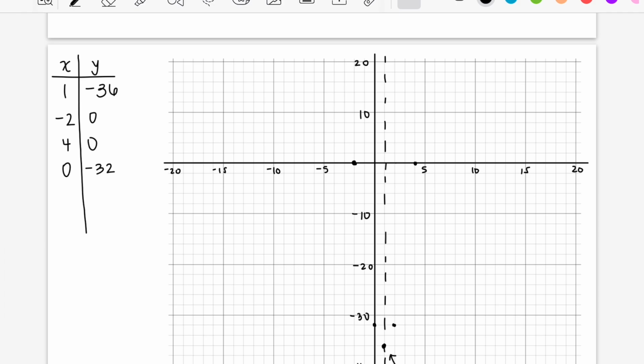So our graph is going to look something like this. Try to make this as straight as possible. Alright, so that's how we can use that form to plot a quadratic function like this.